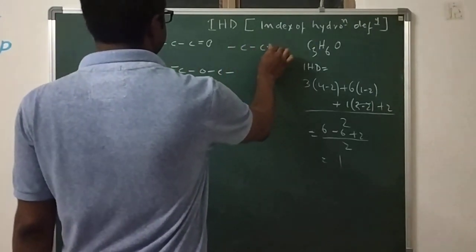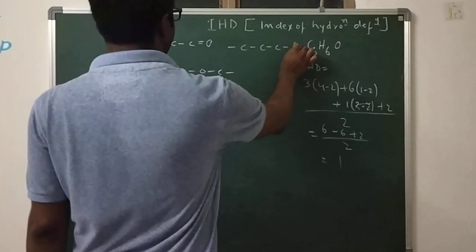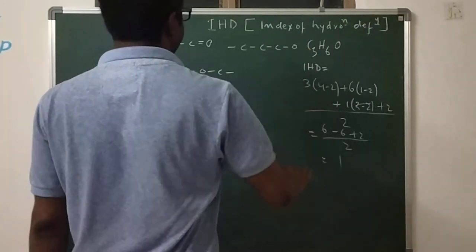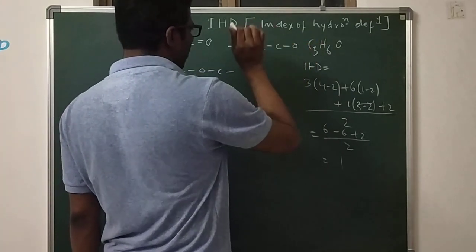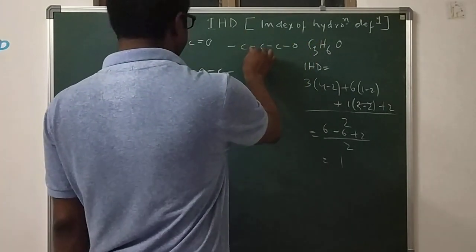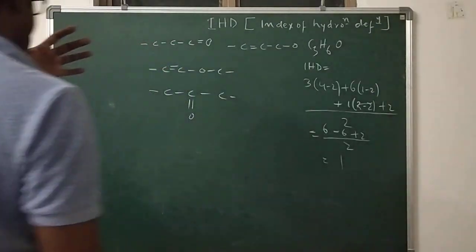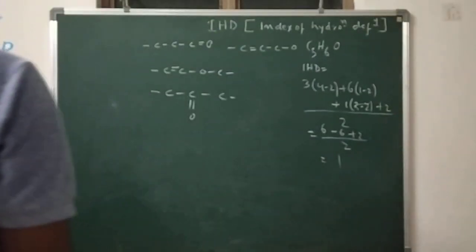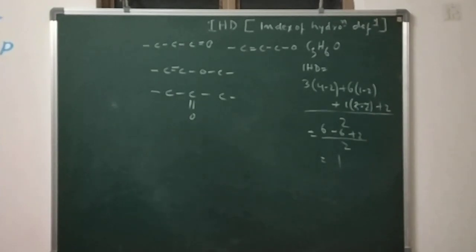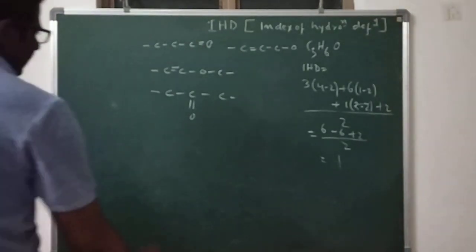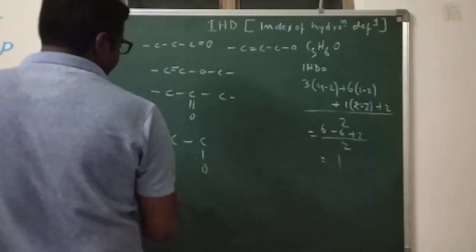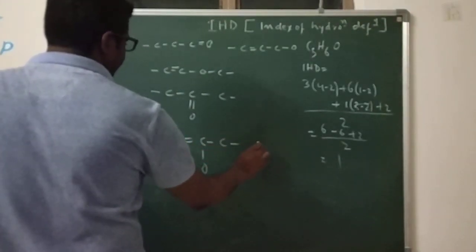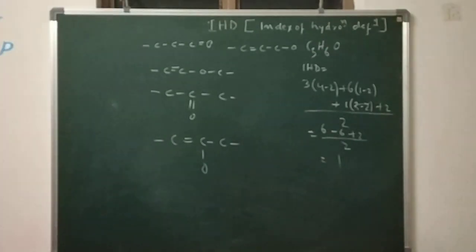I need to bring a double bond in the C. I can go for this as single bond and I can make this double bond also. So there is another possible structure isomer that is there. Okay. Anything else? Okay, I can go for this one also, C=O, so this is double bond, C. This is also possible. So there are 5 structure isomers I can see at this moment.